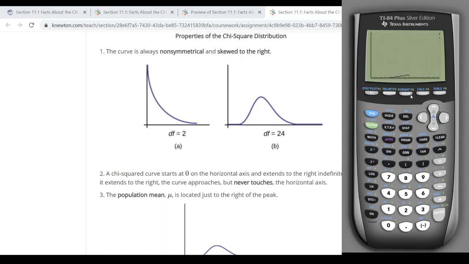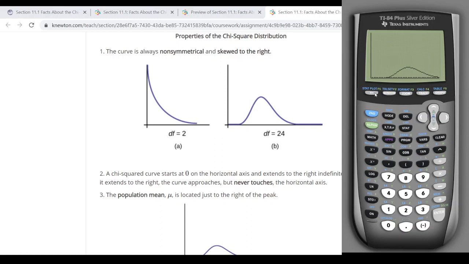Let me lower the y max to maybe a quarter. And there's your chi-squared curve. See, it's getting more bulbous, a little more bell-shaped.